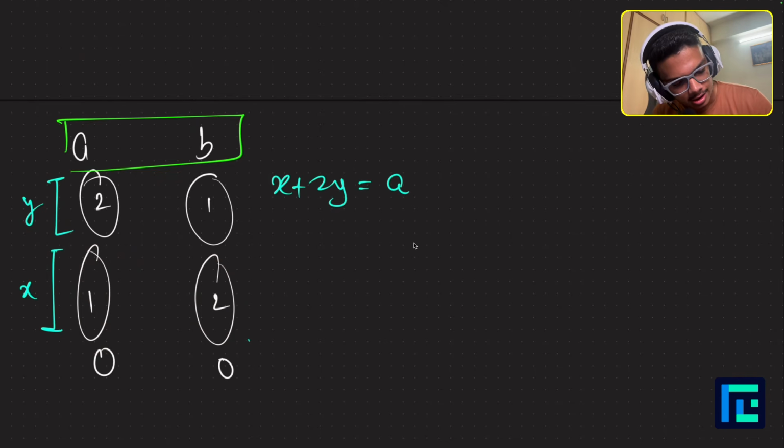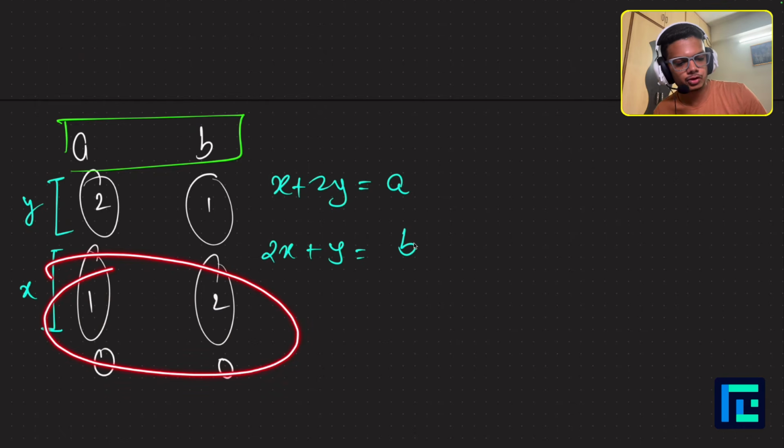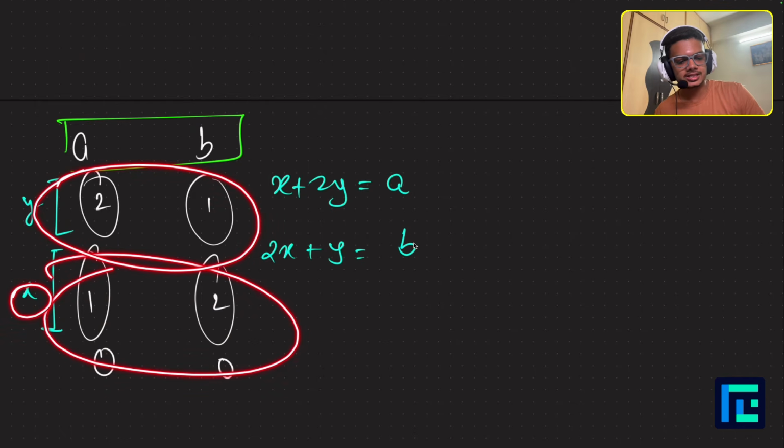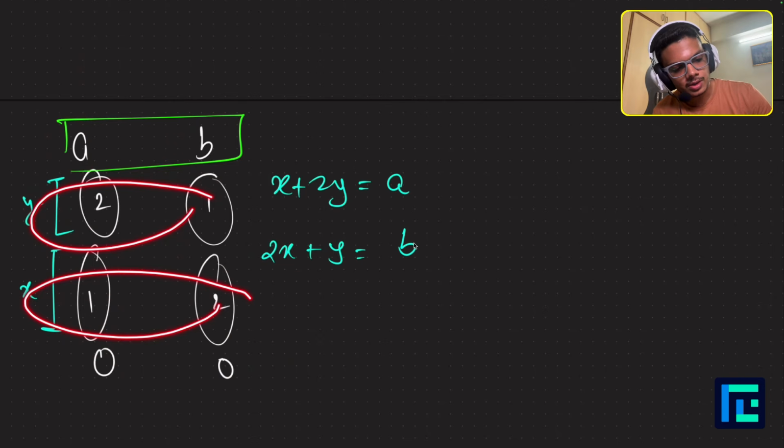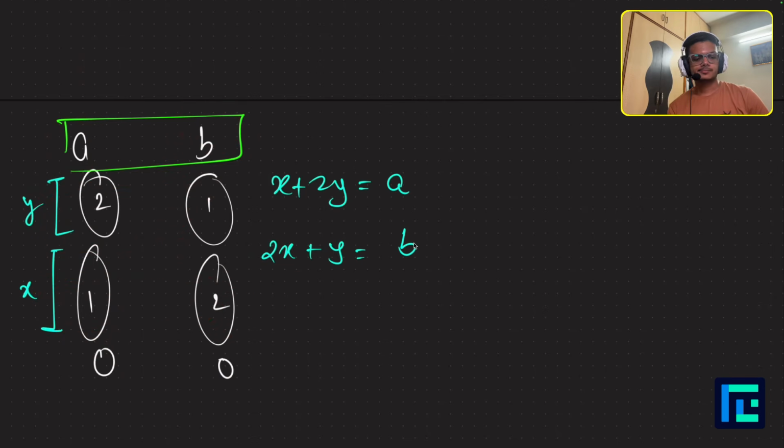Similarly, 2X plus Y has to equal B. So you are applying some number of 1 2s followed by some number of 2 1s, I'm just calling them X and Y. So X plus 2Y has to be equal to A, of course, and 2X plus Y has to be equal to B, of course.